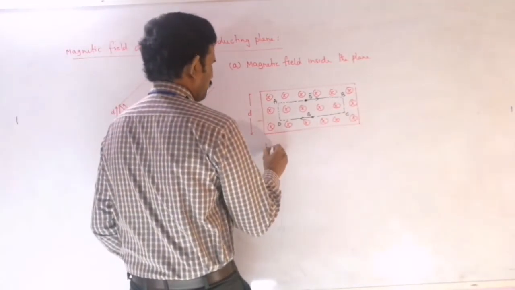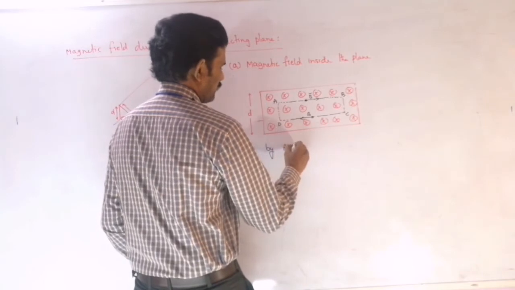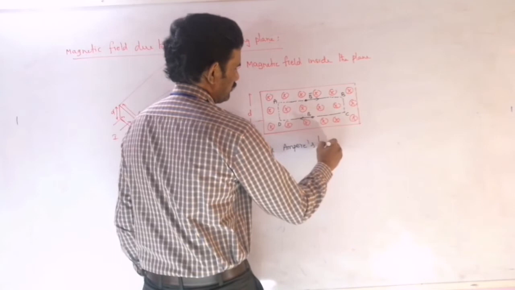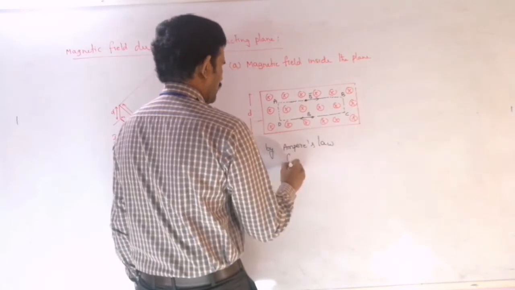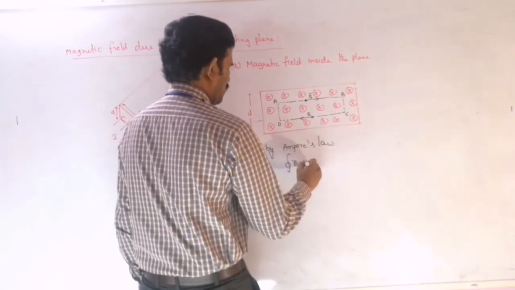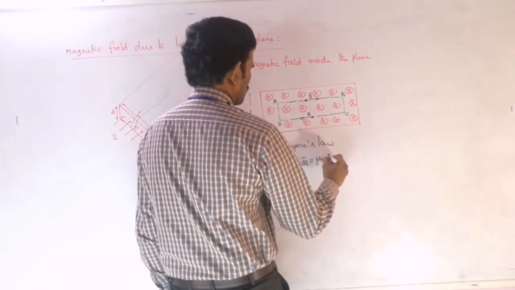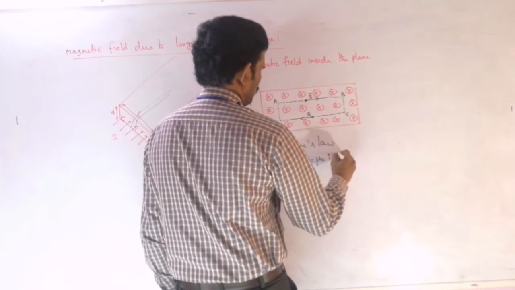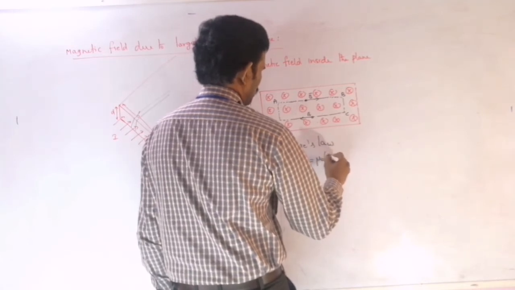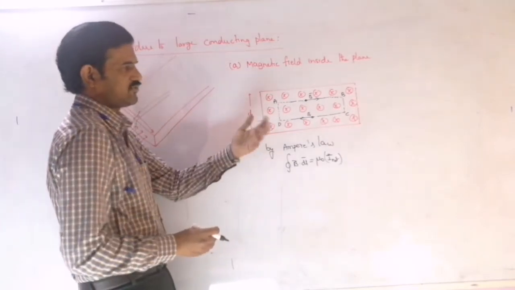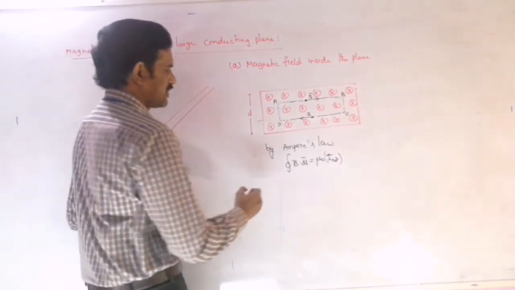Now by Ampere's law, the integral of B dot dL is equal to mu naught into I net. For this we need to split the integration.